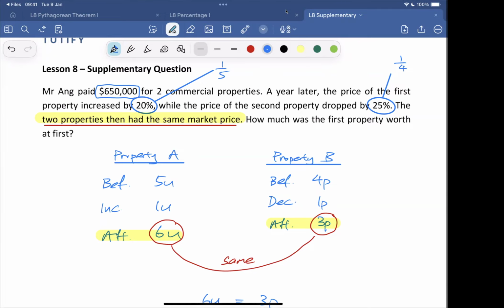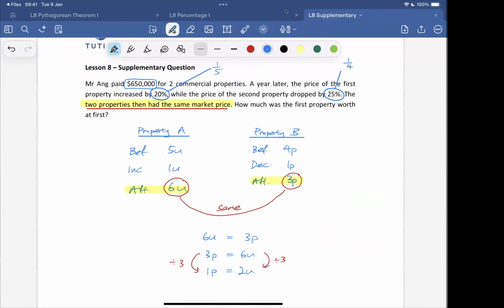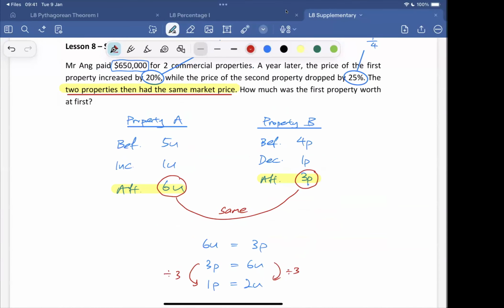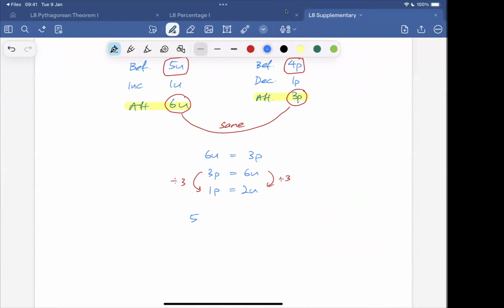650,000 at the beginning. So at the beginning, can you see this is the price? So let's write down at the beginning, 5 units plus 4 parts is $650,000.